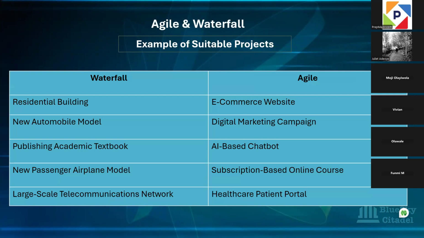Also, when you're building an AI-based chatbot, okay? AI development requires ongoing testing. We know it's the in thing now. There are different companies that have their own strategies, and you want yours to quickly get into the hands of the end users and then adapt as you go along.